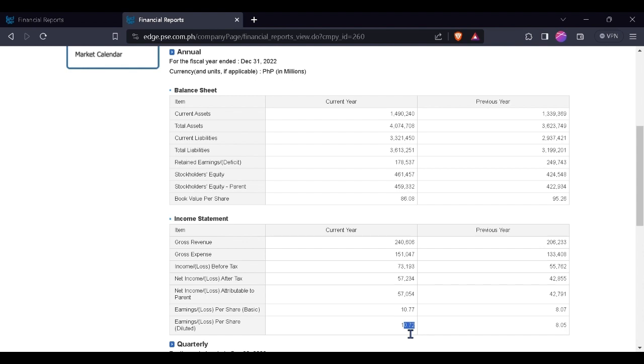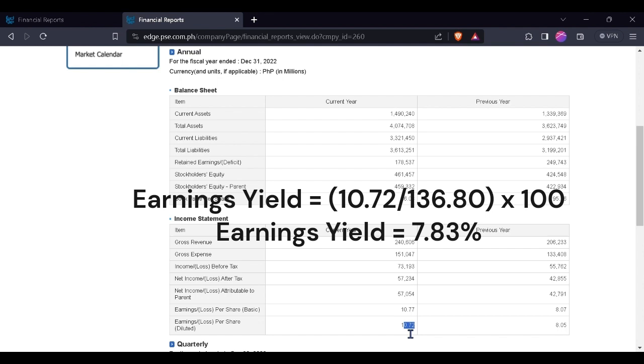Okay, and if you're interested, what is the earnings yield of BDO? If you divide 10 pesos and 72 centavos by 136 pesos and 80 centavos, the earnings yield would only be 7.83%.